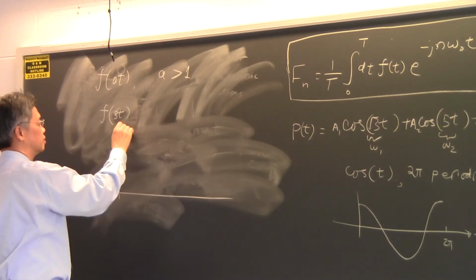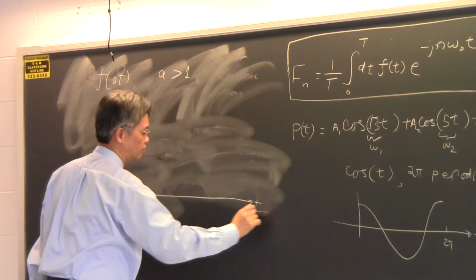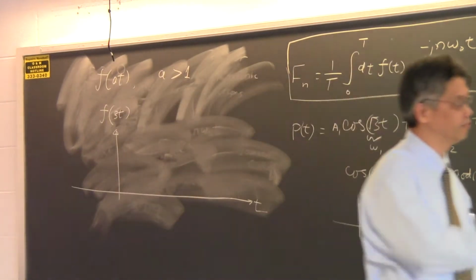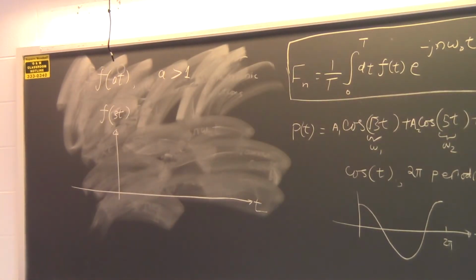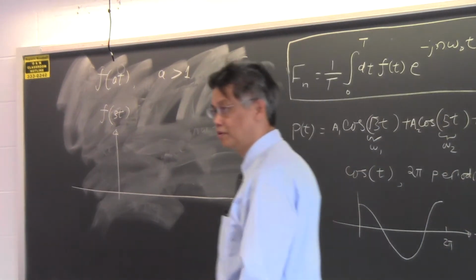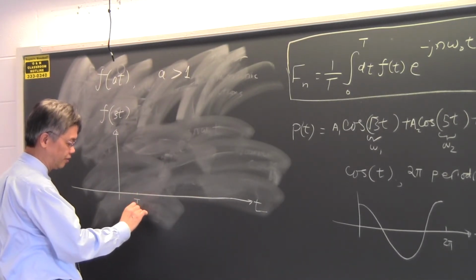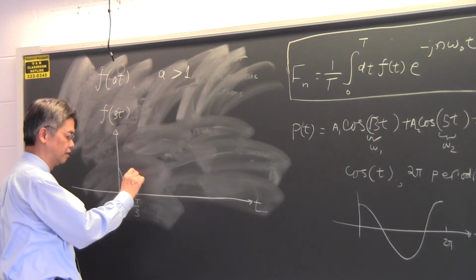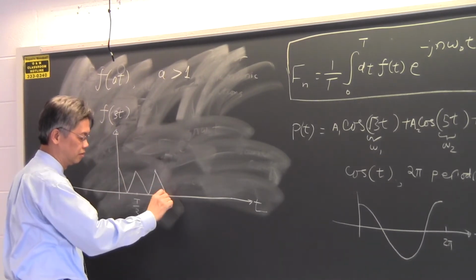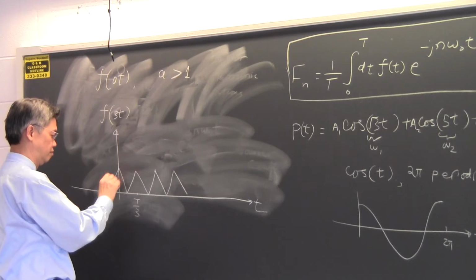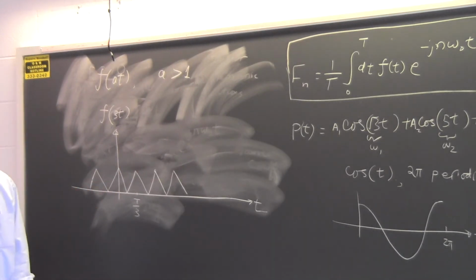So if I were to repeat this plot for that figure over there, where would this point T be on that figure if I make f of 3t instead? It will repeat itself 3 times faster. So when t is T over 3, it repeats itself already. Something like that, right? It repeats itself 3 times faster.